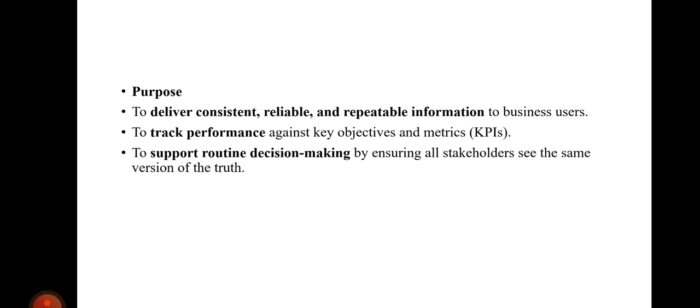So we have examples like sales KPI, customer KPI, financial KPI, and operational KPI. Sales KPI is monthly sales growth rate. Customer KPI is customer satisfaction score. Financial KPI is net profit margin.